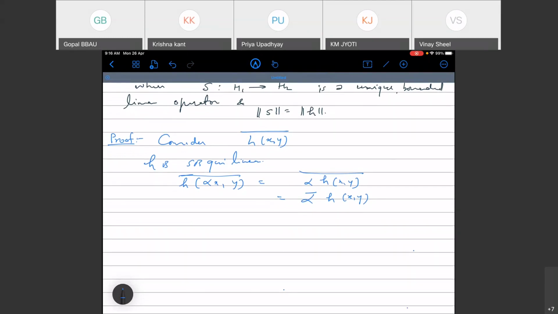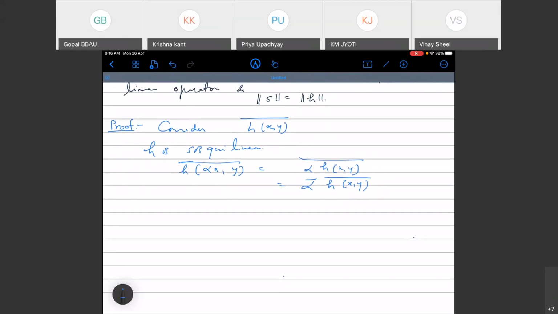Here you are getting this. And what about this, y comma alpha x? So this will be h alpha x y.